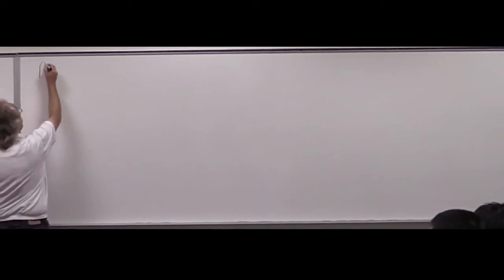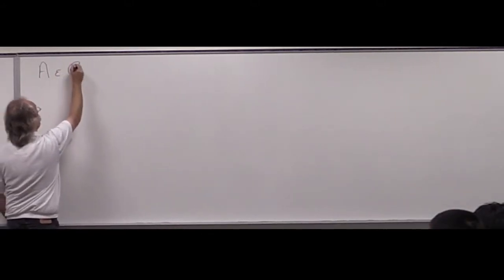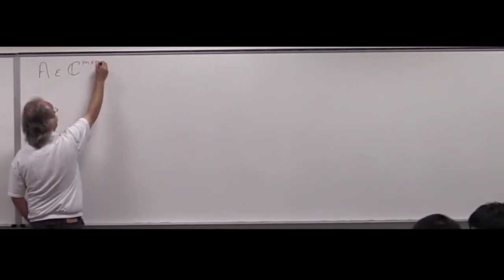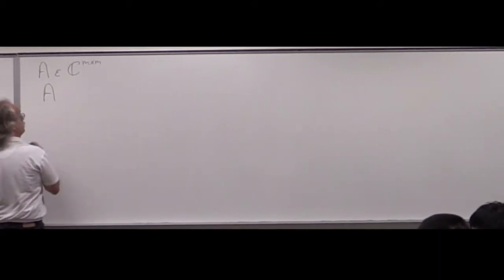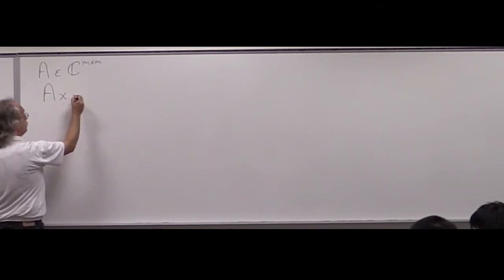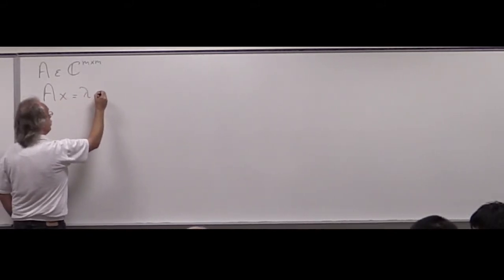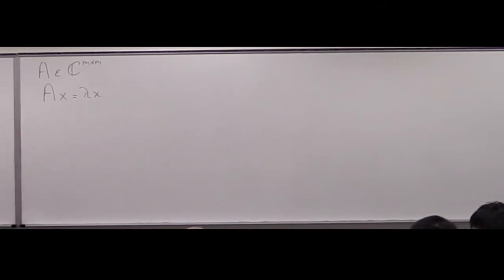The algebraic eigenvalue problem always deals with square matrices. So we're going to be concerned with matrices that are n by n. And what we're after are, given matrix A, we want to find vectors x and scalars lambda, such that A times x is equal to lambda times x.